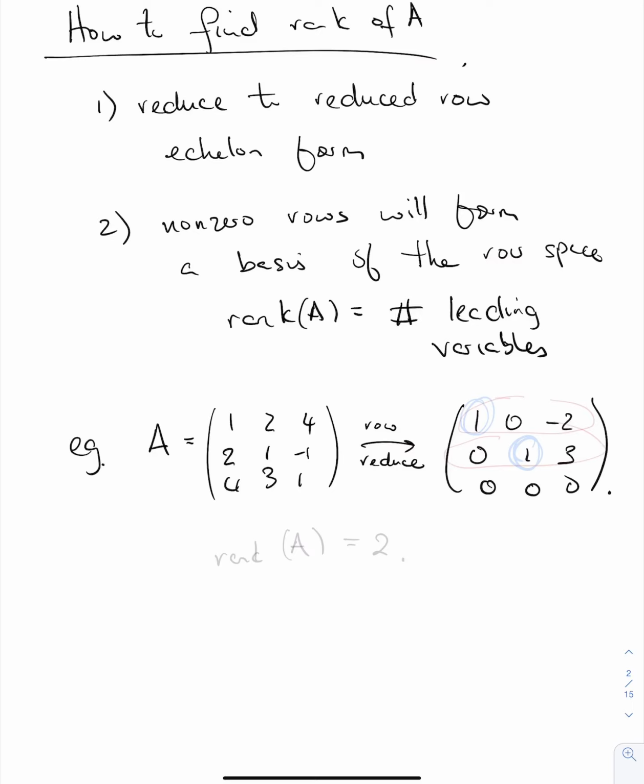Here's our leading variable 1. It's a leading variable in this row. It's a leading variable in this row. The leading variables would be this one and this one, so maybe x and y out of x, y, and z. And so the rank of A is 2.